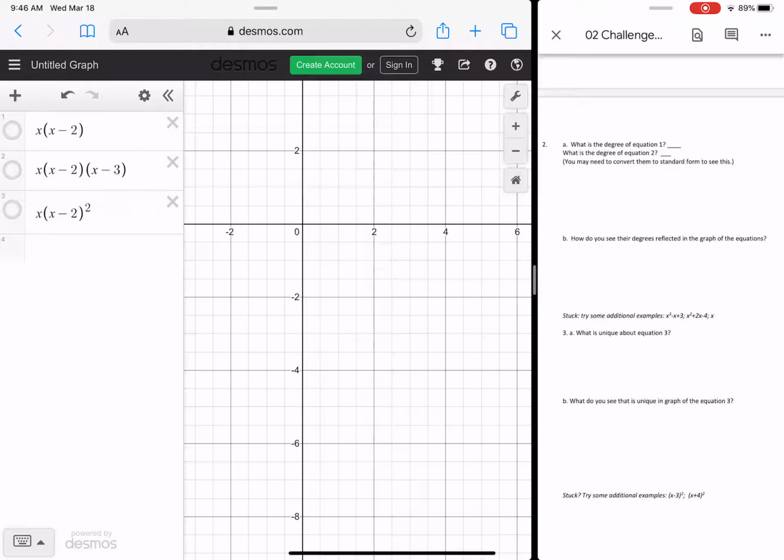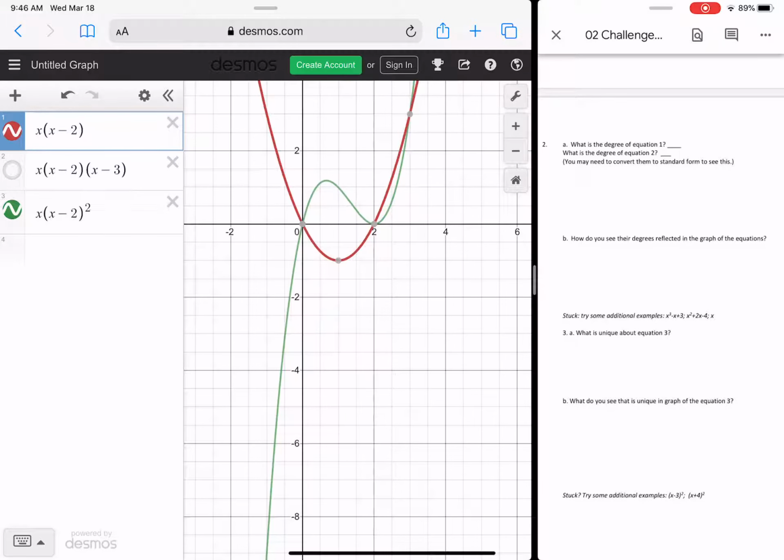Now, what is unique about equation 3? So now let's look at equation 3. How is this equation different? There's something specific that's different about this equation in comparison to equation 2 and in comparison to equation 1.